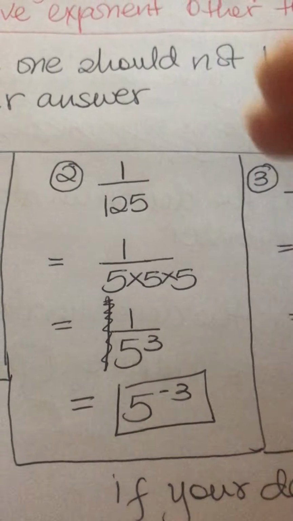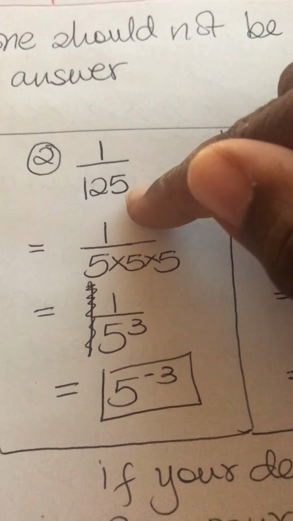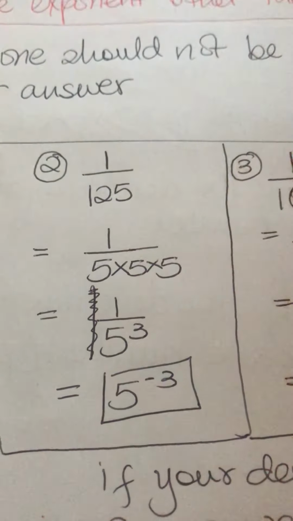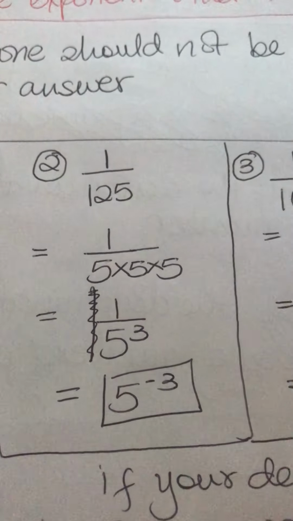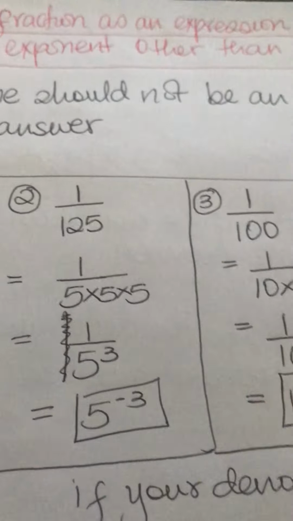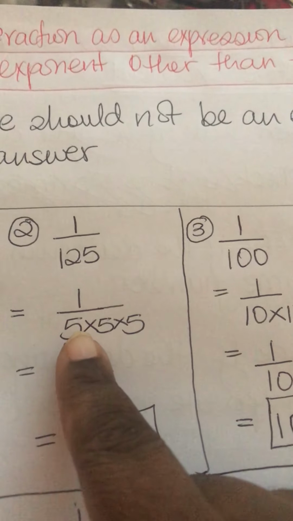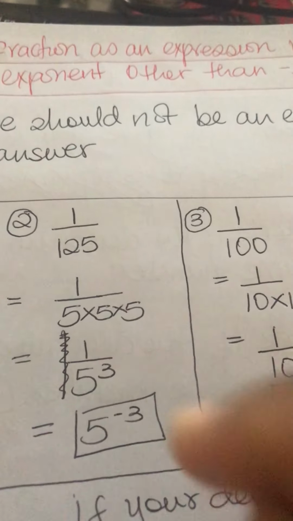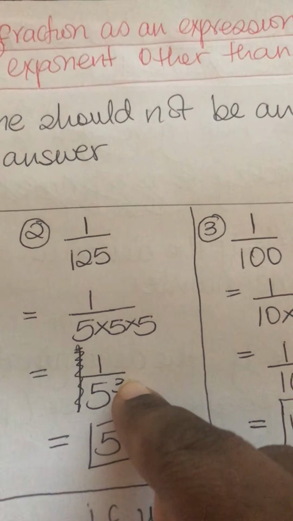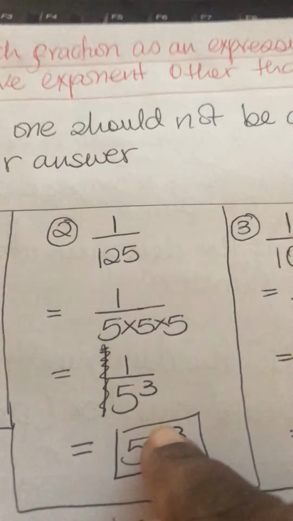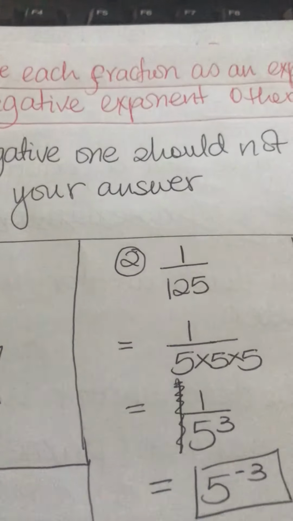So you work smart. If a number ends with 5, you try 5s, 15s, 25s, 35s, like that to check. So I know that 125 is 5 times 5 times 5, which means it's 5 to the third power. And then I can write it as 5 to the negative third power.